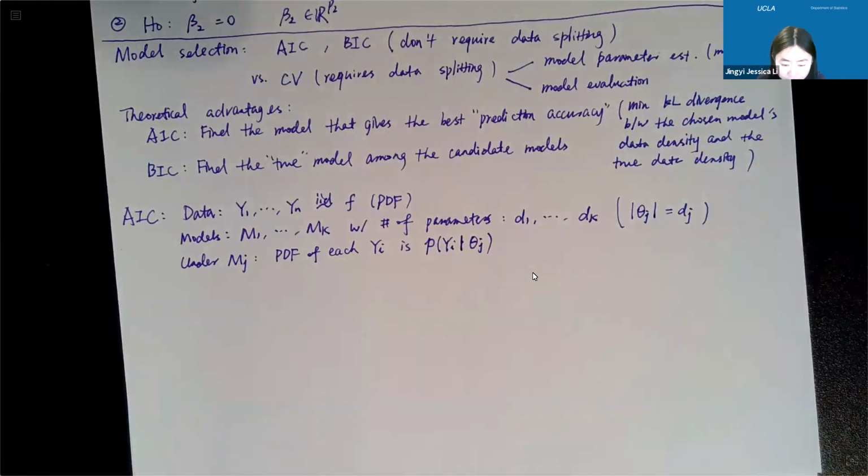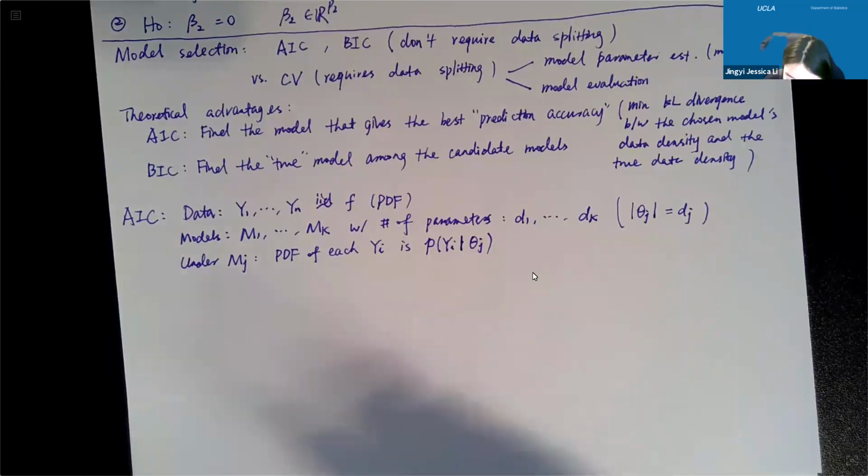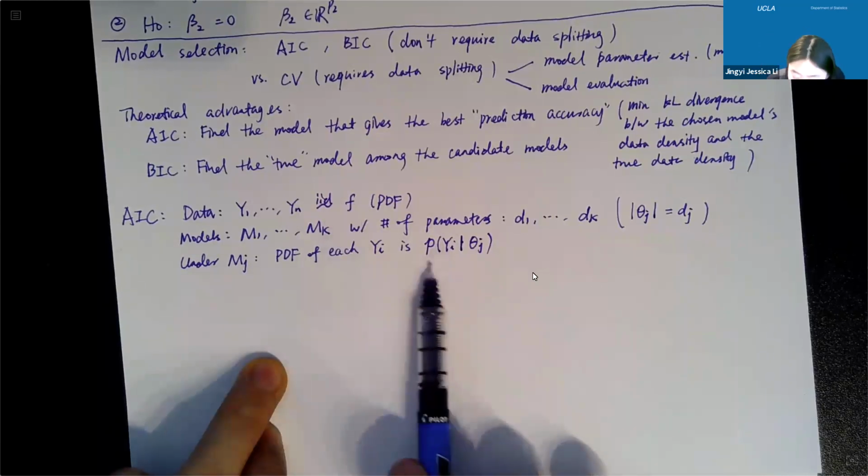If we want to define the KL divergence, what we want to do is to contrast F with this p.